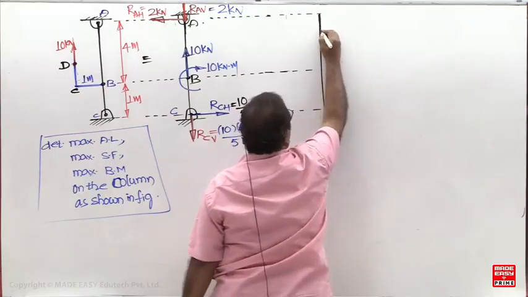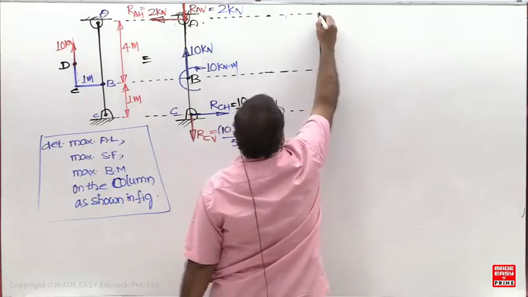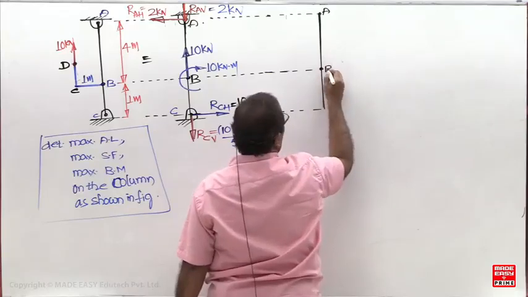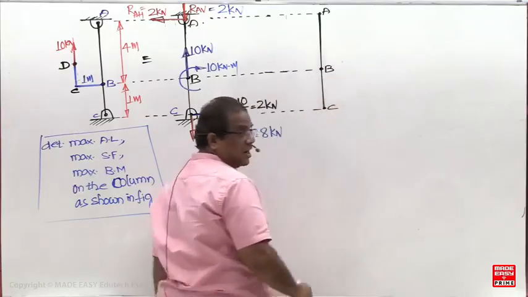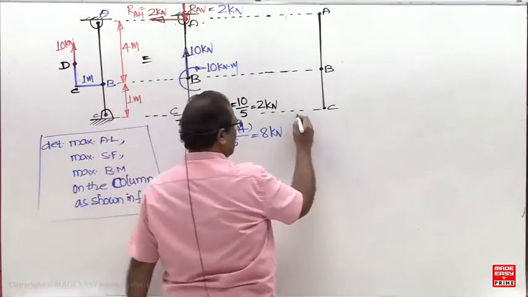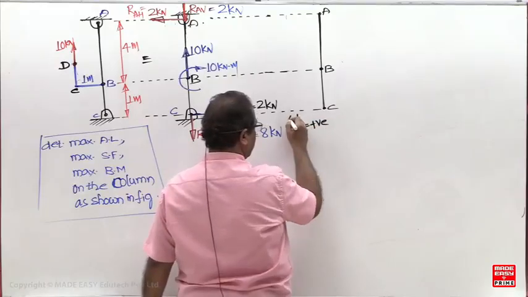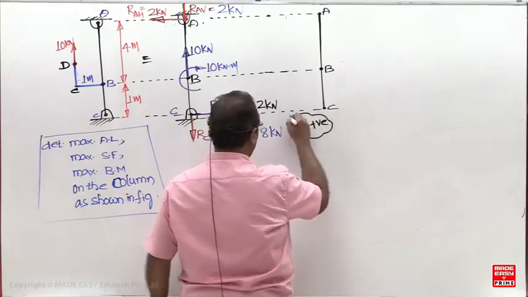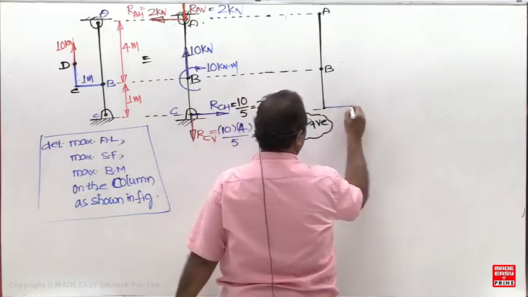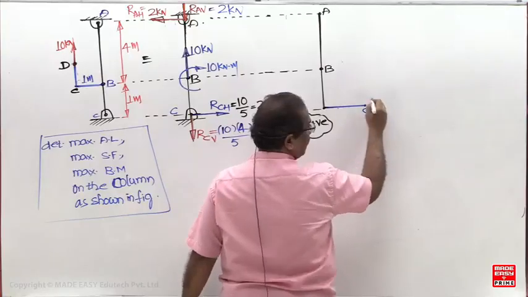Everybody is going to draw the ALD correctly, but for the SFD and BMD they are going to make a mistake. Now I'm starting from the bottom. So for positive and negative, downward is positive, tensile load is positive. So this will be 8 kilonewtons. What is the next step now?